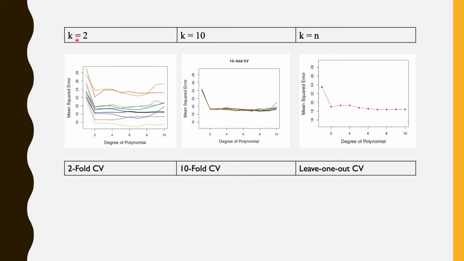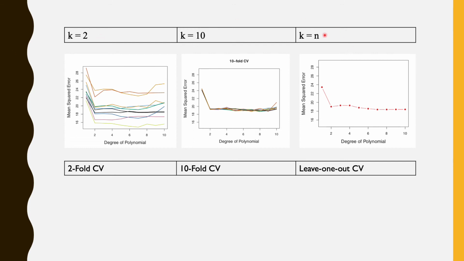For example, for k equals 2, you see that for different degrees of polynomial, for each split, the mean squared error is really changing. Maybe you notice that the variance is really high, but when you check k equals 10, which is tenfold cross-validation, for different degrees of polynomial, you notice that now your mean squared error has shrunk and we have fewer fluctuations.